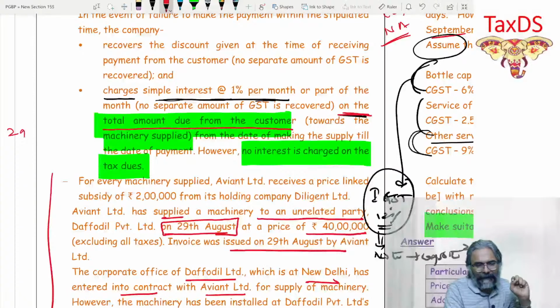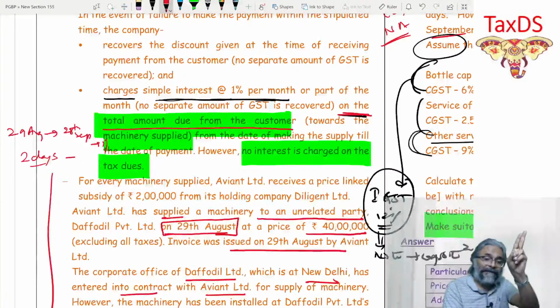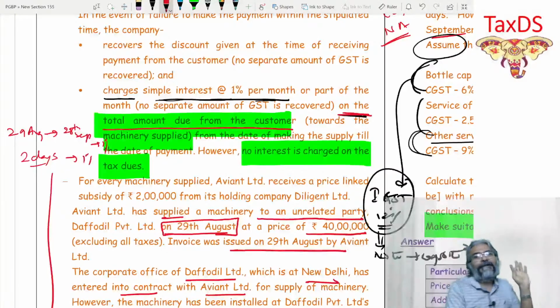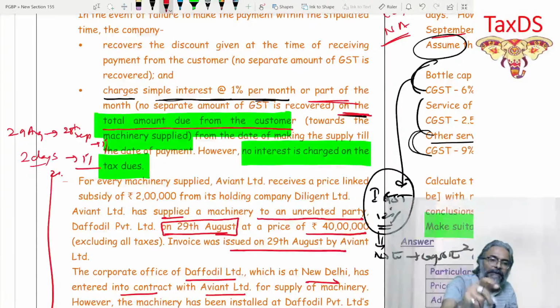So from 29th of August to 28th of September, students, 1% per month. Now 2 days are extra because he paid on 30th September. So 2 days are extra, means 1 more percent because it is part of the month. So therefore total rate of interest is 2%. That 2% has to be applied on what? 2% has to be applied on the total amount due from the customer.